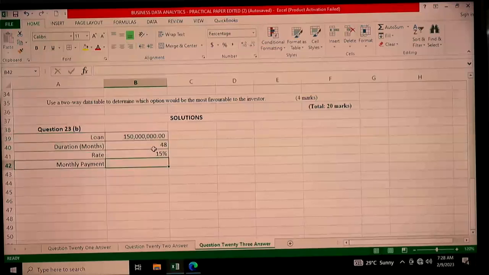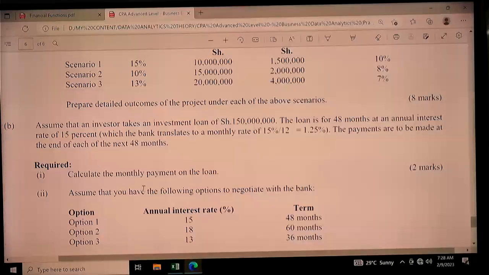And you're supposed to compute the monthly payment as per our question: given this information above, calculate the monthly payment.